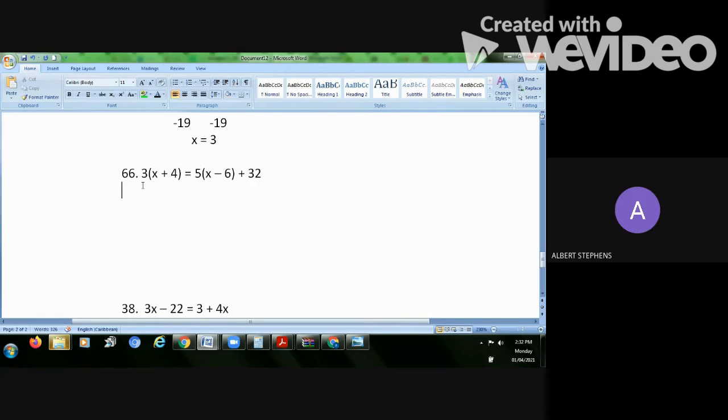It's very similar. What's 3 times x? 3x. What's 3 fours? 12. What's 5 times x? 5x. 5 sixes, 30. And you just rub out the 32, because the 32 is just outside. What you're going to do is work out those 2 numbers here, just to make life easy.